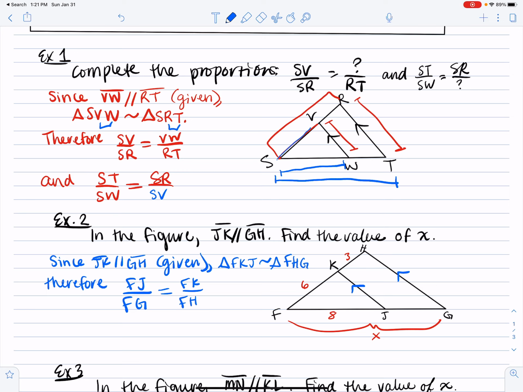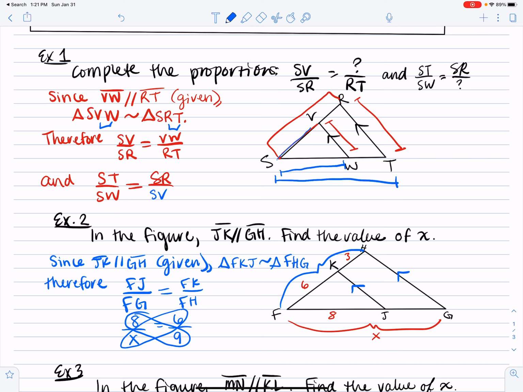Okay, so FJ is 8, and FG is x, which we're trying to solve for. Then FK is 6, and FH is actually that whole thing, 6 plus 3, so that's 9 on the bottom. So make sure you do that correctly. And then we can cross multiply. Remember, you don't need to do a statement reason chart here as long as you start with the sentence that we started with.